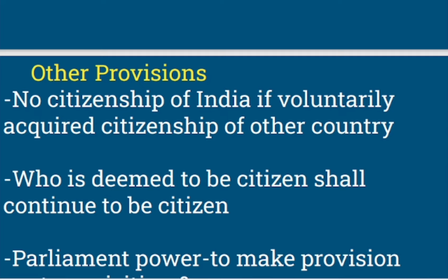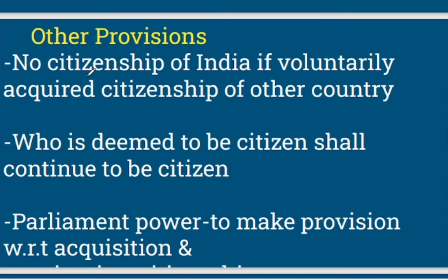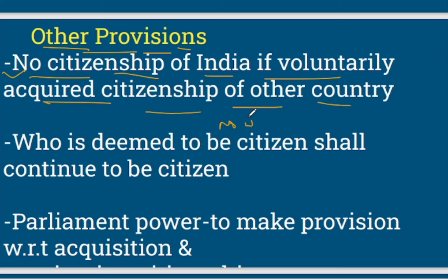So there are some other important provisions with respect to citizenship which we need to know from the exam point of view. It says that there is no citizenship of India if one voluntarily acquires citizenship of another country. So we know that in India there is no dual citizenship, right? You can be a citizen of only one country, right?